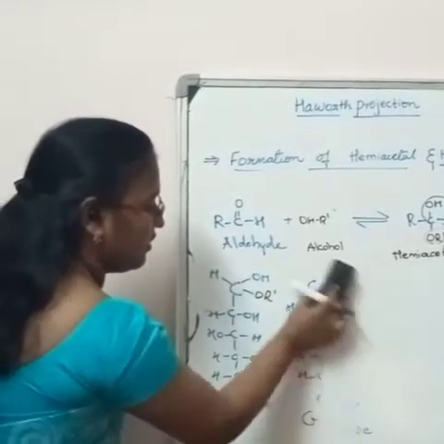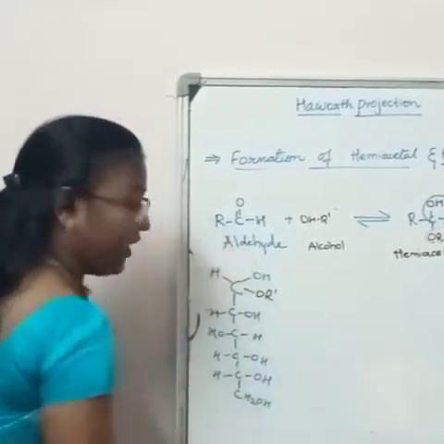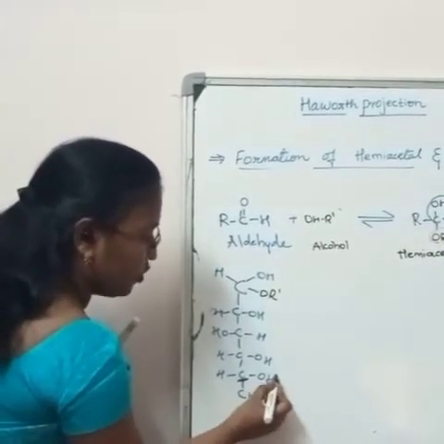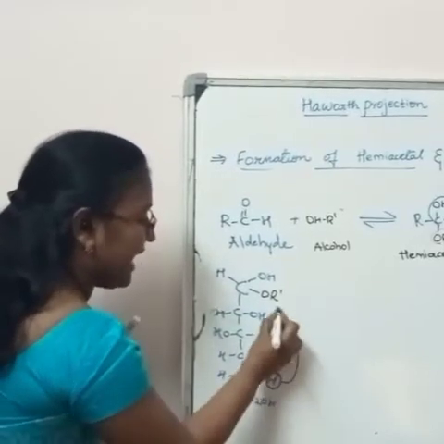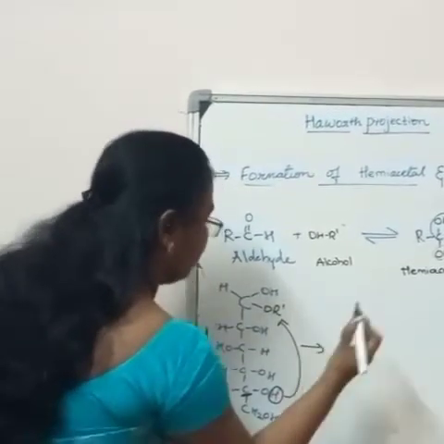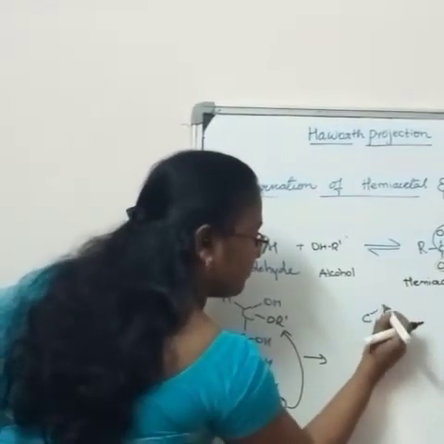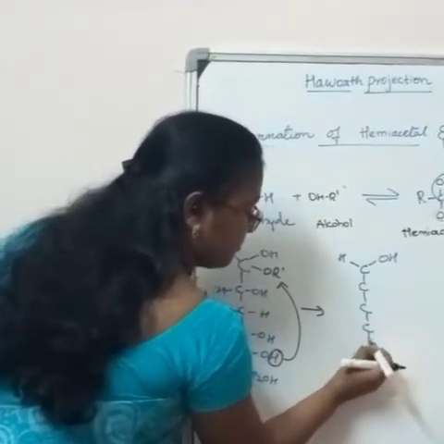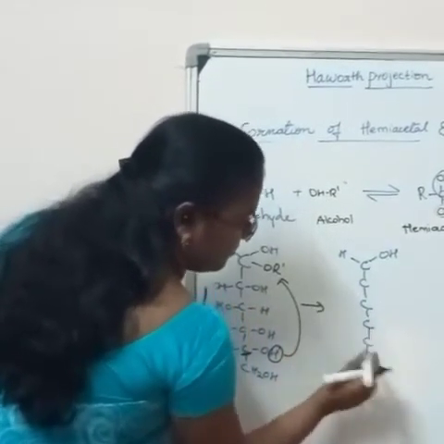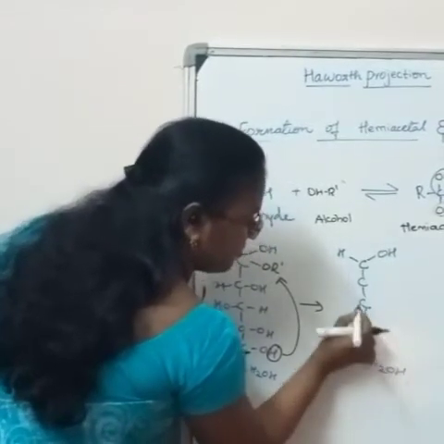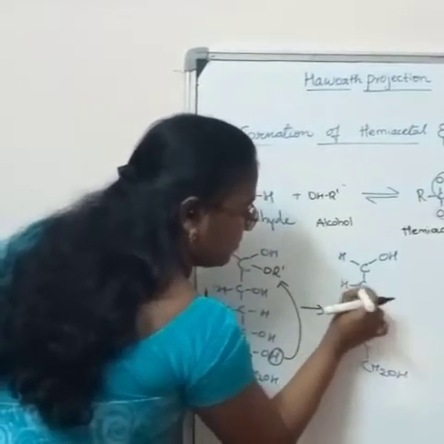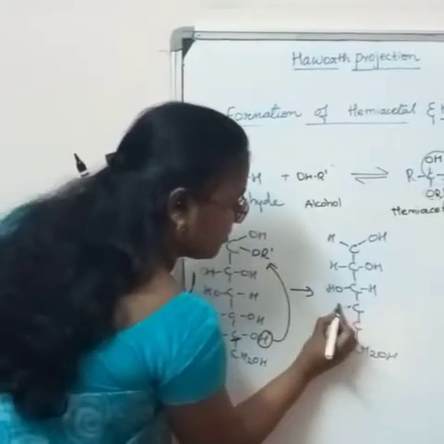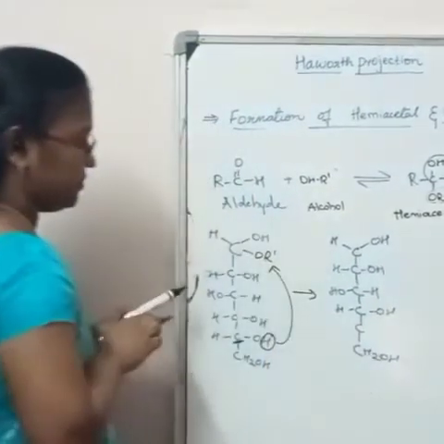Now what happens is, the fifth carbon hydroxyl group, this hydrogen reacts with this alcohol and results in the formation of a ring.